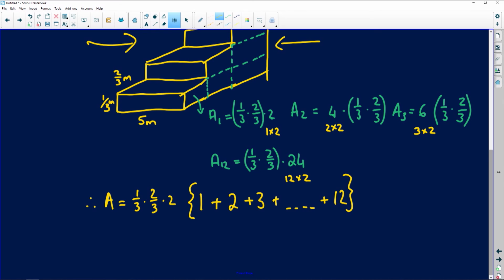It's an arithmetic sequence. So the full sum here will be 4/9, that product, multiplied by the first term plus the last term, which is 12. So what am I using here? I'm using my formula that says n/2 (a + tn).